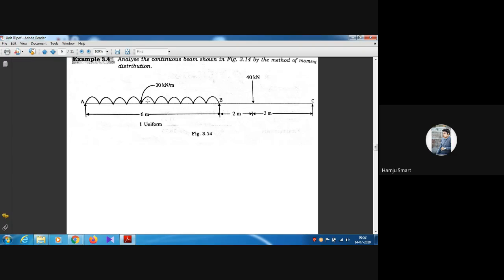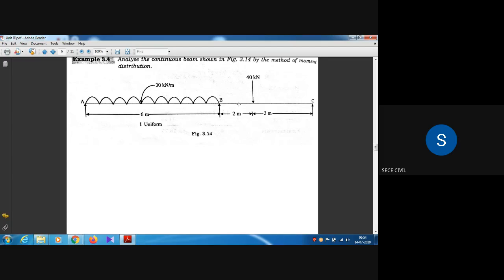WL square by 12, sir. Okay, very good. If the span is loaded with UDL, the fixed end moment formula is WL square by 12. Left to right, MFAB will be an anti-clockwise moment, and right to left, that is MFBA, will be a clockwise moment.